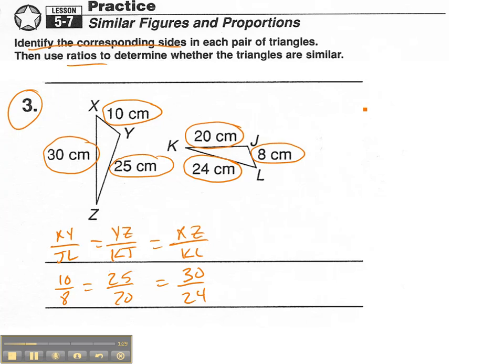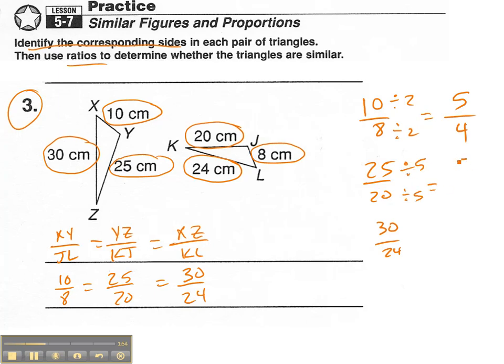In order to determine whether these are similar, we need to simplify all of these ratios. In each case, we're going to divide by the greatest common factor. The greatest common factor here would be 2. 10 divided by 2 is 5. 8 divided by 2 is 4. For this next ratio, the greatest common factor is 5. 25 divided by 5 is 5. 20 divided by 5 is 4.